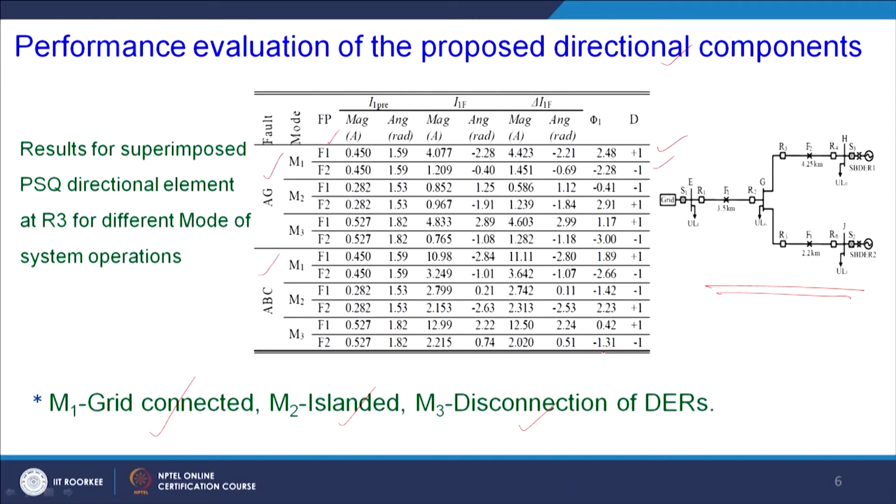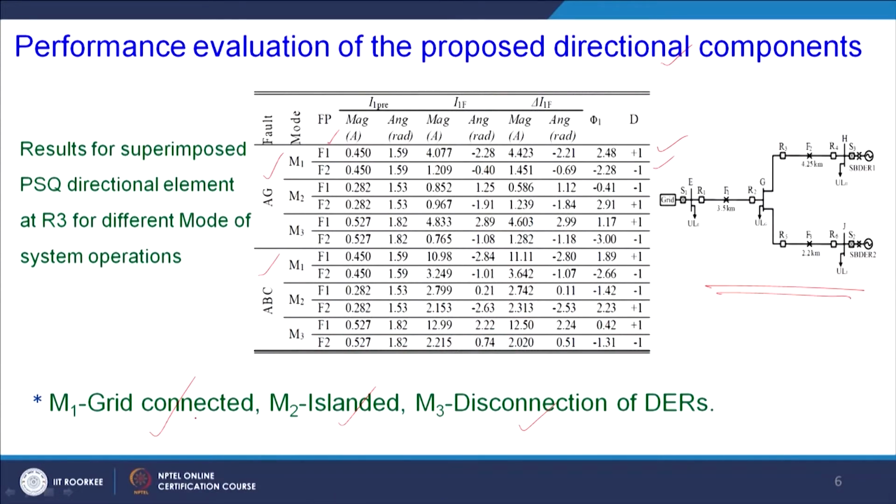In a microgrid system, it may happen that we lose some renewable energy sources. We have many renewable energy sources connected to their respective buses. Let us say due to some fault or maintenance problem, one or two DERs are out of service. In that case also our relays should remain intact and coordinate with each other properly, because disconnection of DERs is not a faulty case.